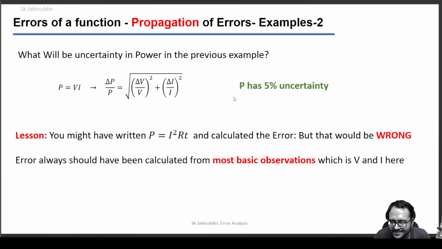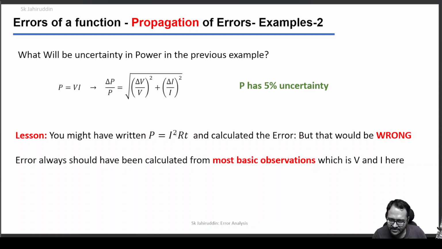Green traditionally signifies the right things, and in red we mostly cut. So if we have one quantity and you can write two types of expression, like one is VI, another is I squared R, and calculate the error, that will be wrong.